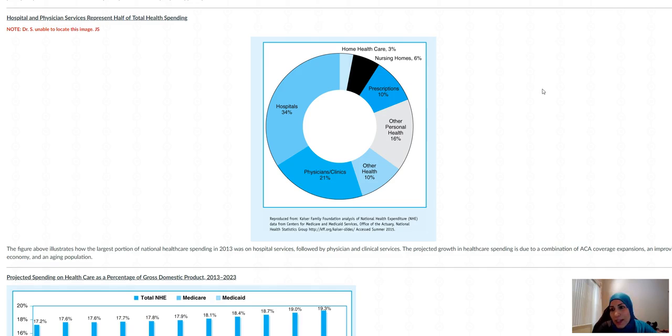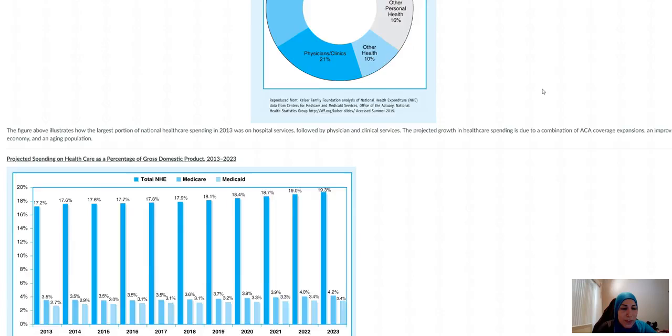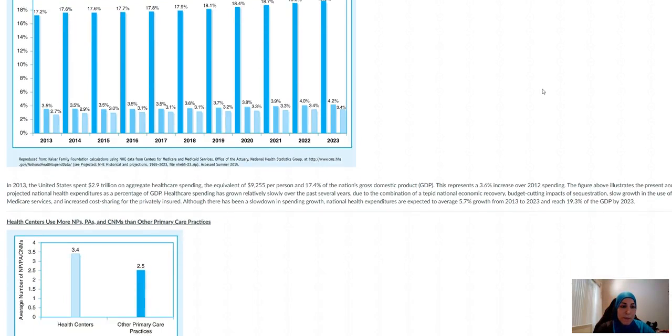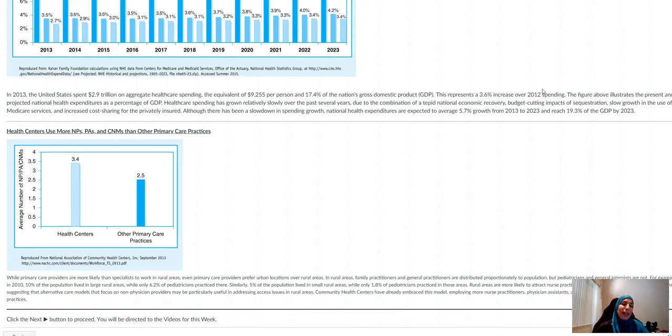And then below that is a graph illustrating the projected spending on healthcare as a percentage of GDP, looking at years 2013 through 2023. And then the last graph is looking at how health centers have increased their use of NPs and PAs.